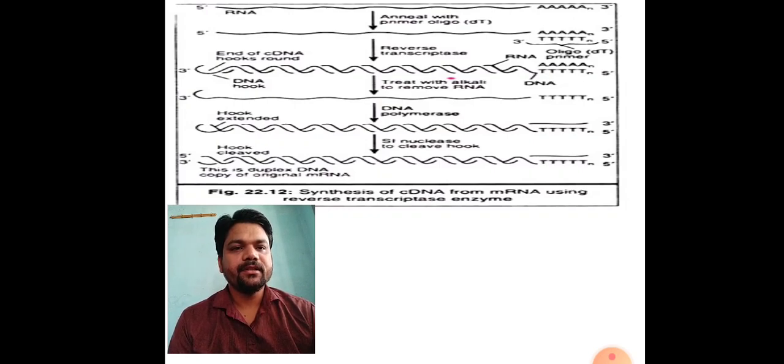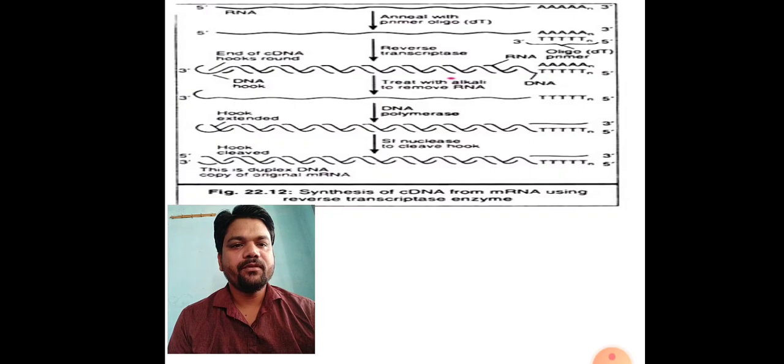First, the RNA with 5' and 3' ends; then with the use of reverse transcriptase enzyme, the end of the complementary DNA hooks around. In the second step, treat with alkali to remove the RNA.